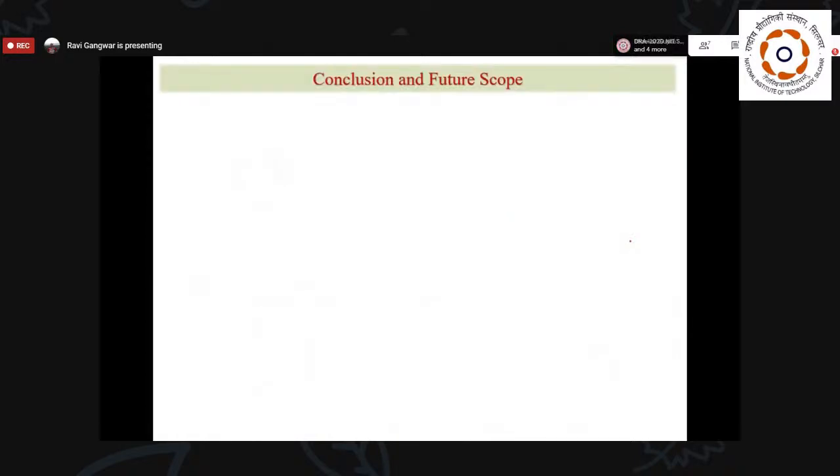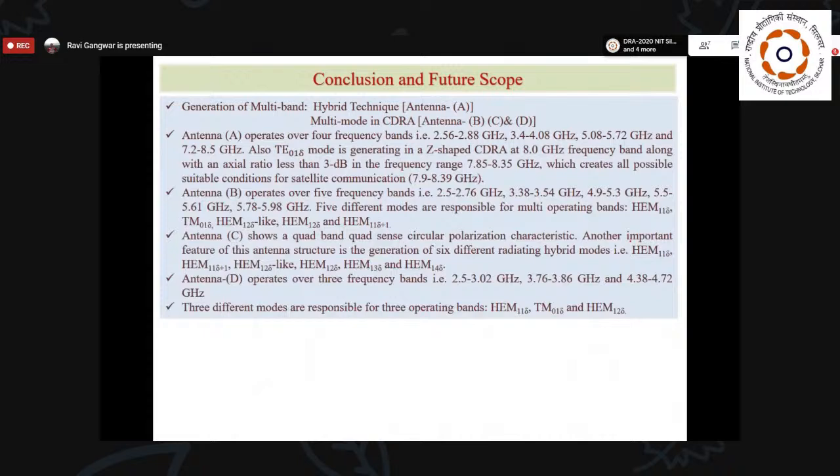So, for the conclusion and future scope, I have presented 4 designs. The first design is based on hybrid techniques, and the remaining 3 designs are based on multimode generation. The first antenna operates in 4 different bands, and also shows circular polarization in one mode.